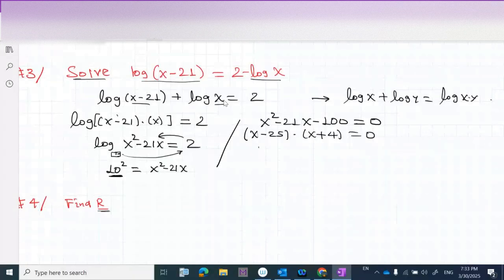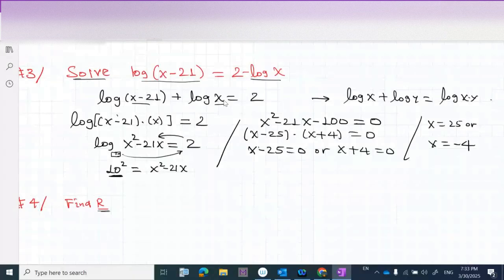So we are almost at the final step. This is going to be x minus 25 equals 0, or x plus 4 equals 0. So the solution is x is equal to 25, or x equal to negative 4. This is my final answer.